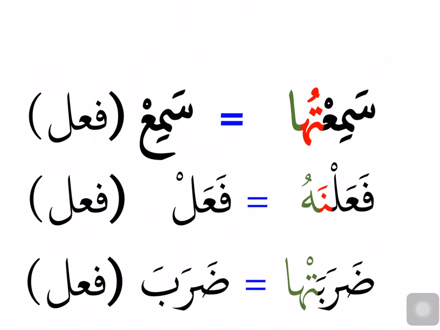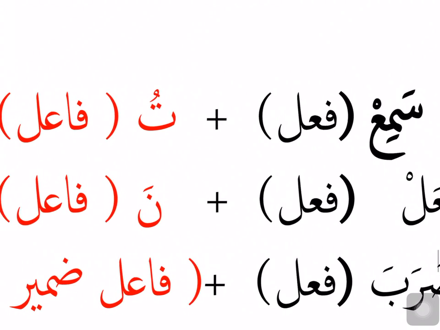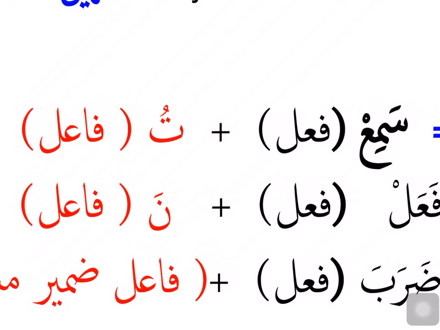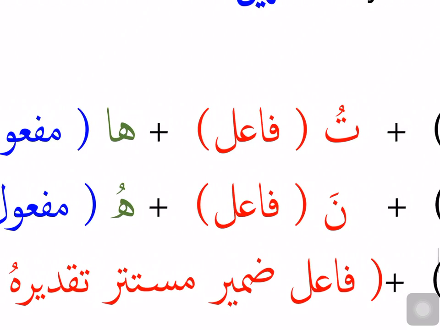So you have a verb, sami'a. To that you want to attach the doer pronoun tu. You want to say I heard. So it would be sami'tu. Sami' is the fi'l, tu is the fa'il from the tanaween family. I want to say ha. So for instance, I want to say I heard her.